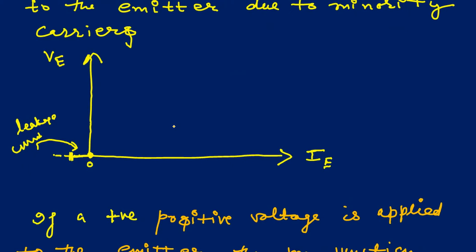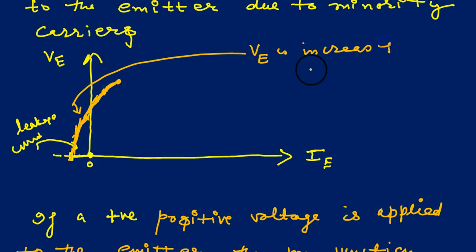Now because we are giving VE and slowly it is increased, it makes the leakage current 0 and then the forward current starts rising. So this is the graph.